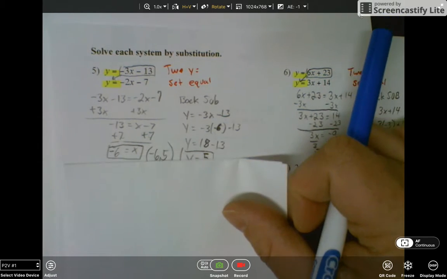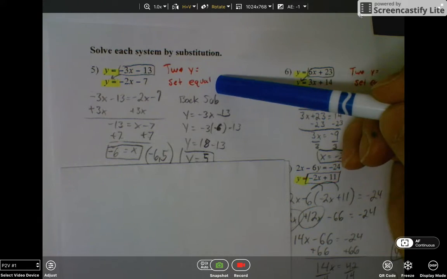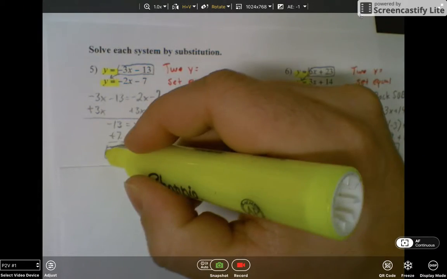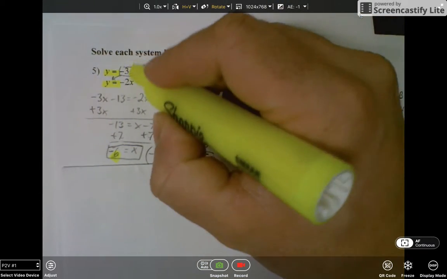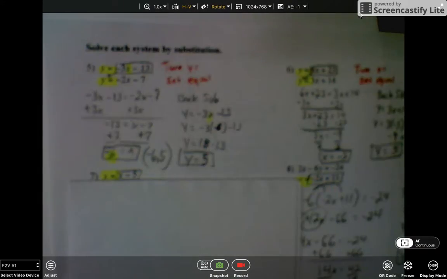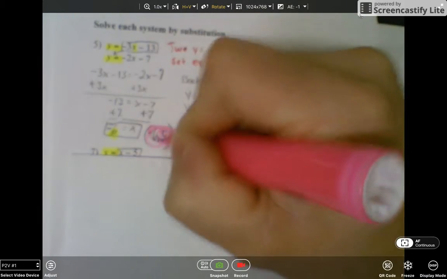And then I add 7 to both sides. I get x equals -6. Then I have to back sub it. I sub that -6 for x right here into the first equation. I got 18 minus 13, which is 5. So my solution here is the coordinates -6, 5.